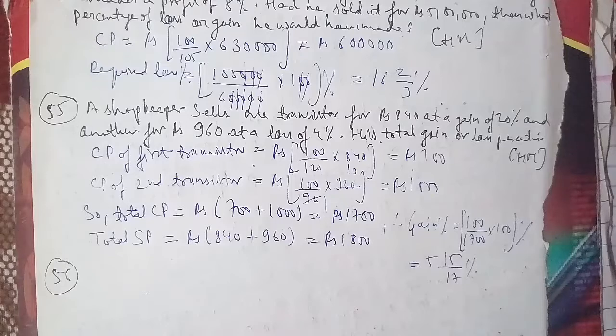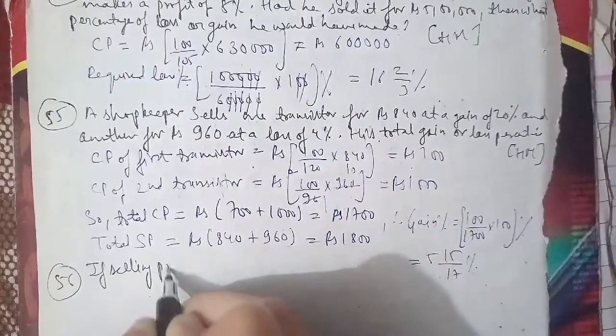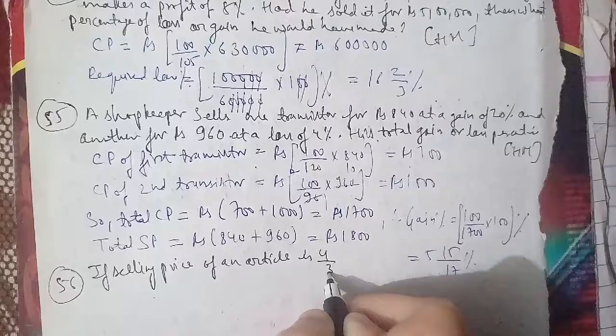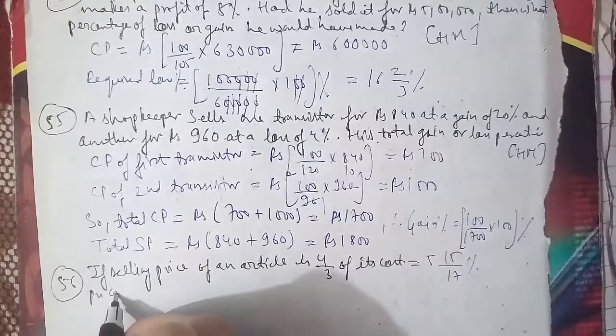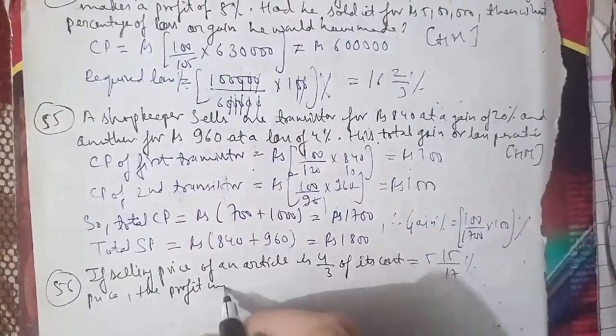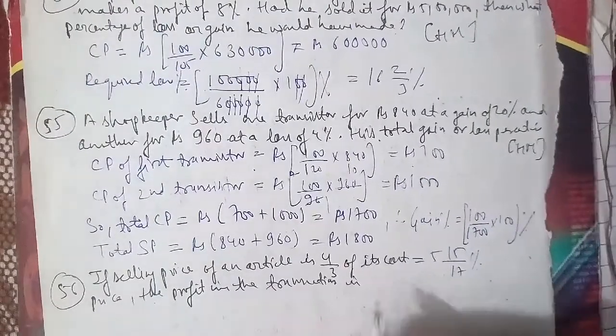If selling price of an article is 4 by 3 of its cost price, the profit in the transaction is, that we have to find. So the options we have are 16 2 by 3%, 21 by 2%, 25 1 by 2%, 33 1 by 3%.